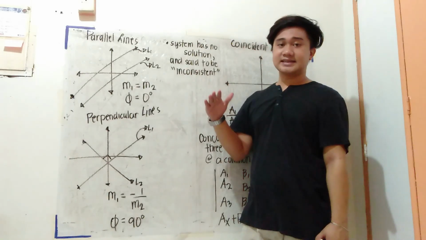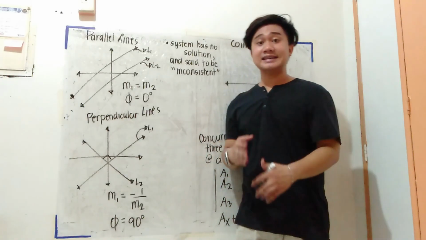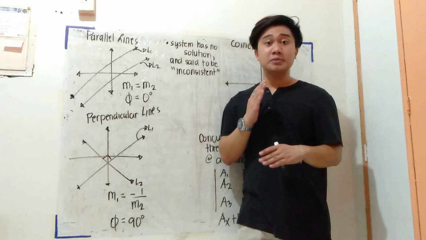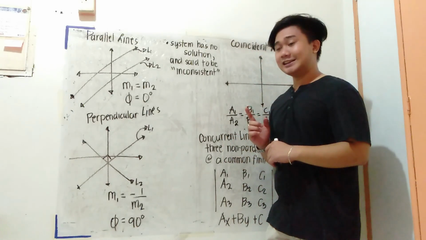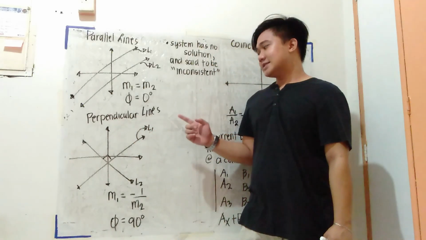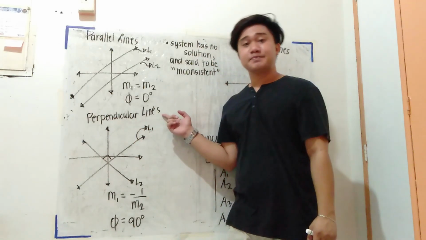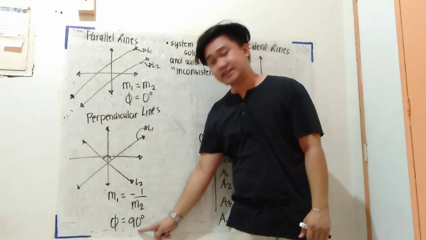Okay? Next is the intersecting lines. Intersecting lines nga ay yung mga lines na nagpapanagpo or may tagpuan. At special type ng intersecting lines is what we call the perpendicular lines. So, this type of lines are meeting at a certain angle, to be specific 90 degrees.